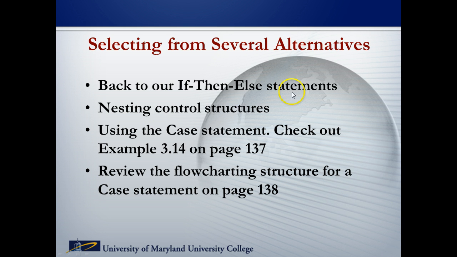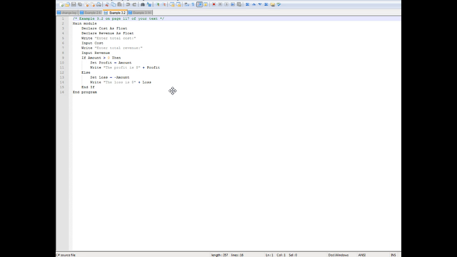So we're going to get back into the if then else statements and look at how these things are used. All right, so this is example 3.2 on page 117 of your text. If you flip back to that real quick, you'll notice that I've changed this a little bit to encapsulate all this in the proper code syntax that we've been using in this course and that I've been stressing with everyone to this point, to encapsulate that in the main module and then end program.